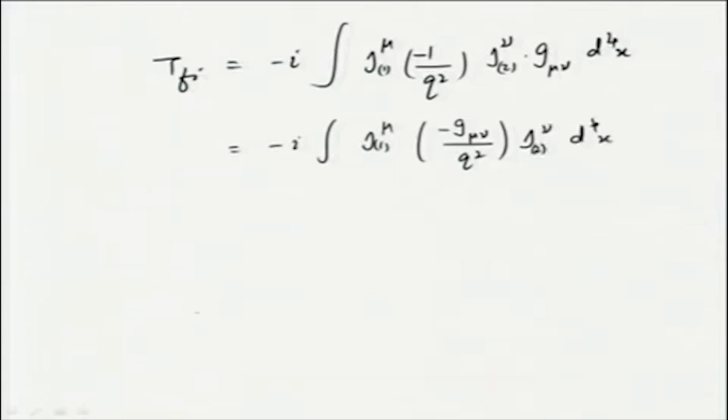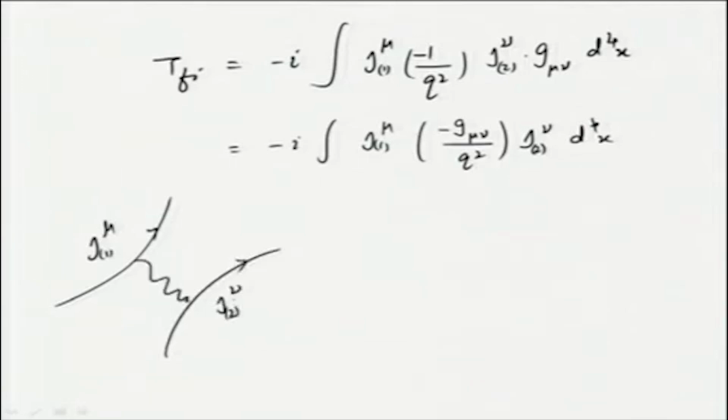Now, look at the picture again. So, we have a current J1 mu interacting with another current J2 nu through exchange of something which is represented by G mu nu over q square. So, these are two currents J1 and J2, and the other one, the factor, is basically propagation of the effect of J2 as far as J1 is concerned.